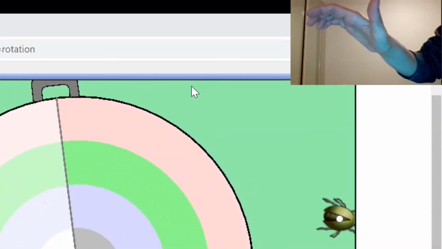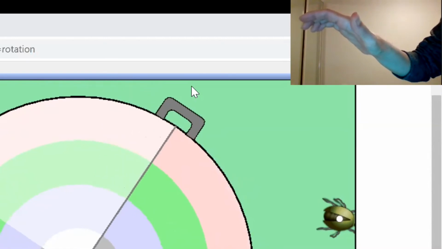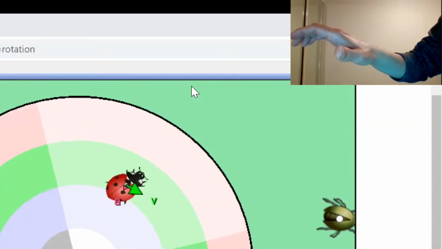As you can see in this simulation, the object is rotating clockwise. So my four fingers are pointing clockwise. And then your extended thumb will point in the direction of the angular velocity.